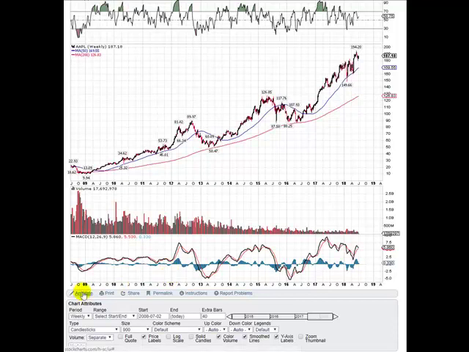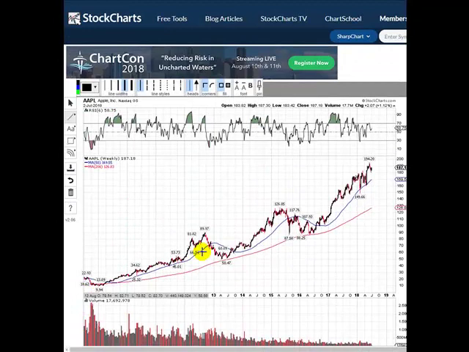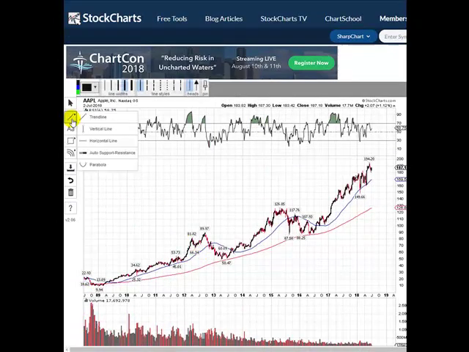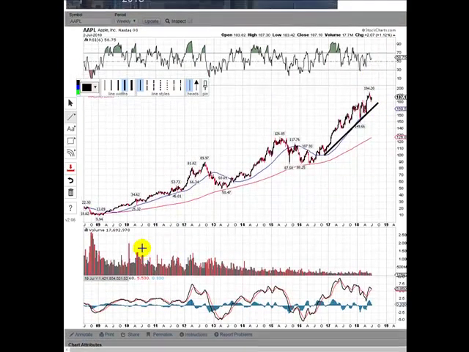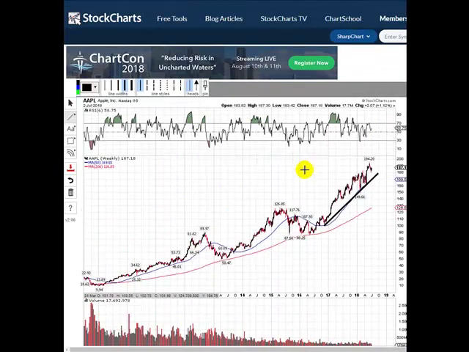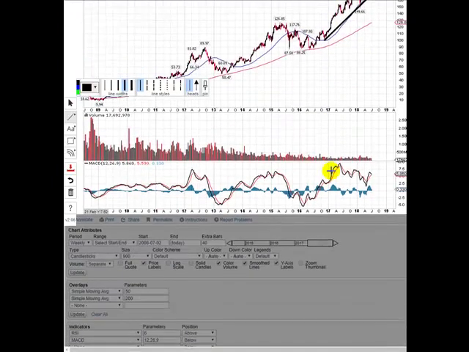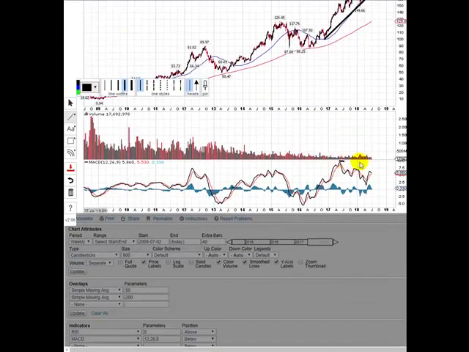But you can use the annotate, and you can click the lines and things like that, and draw trend lines and that sort of thing. So there's things that you can change and draw even without going to an external program. You can stay right within Stockcharts.com if you want to, and draw different lines that are happening.